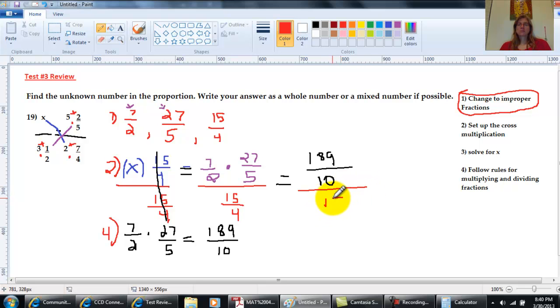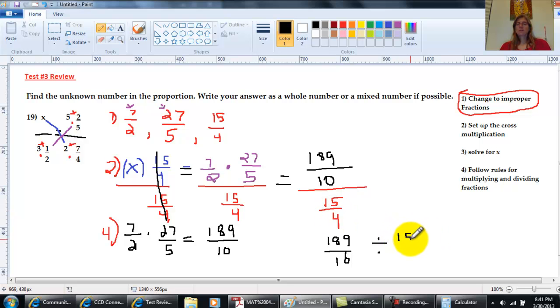15/4. So now we have a simpler division problem because this line here is a division sign. So we'll put a division sign, and the top numerator goes to the left here, and then the 15/4 on the bottom goes here.